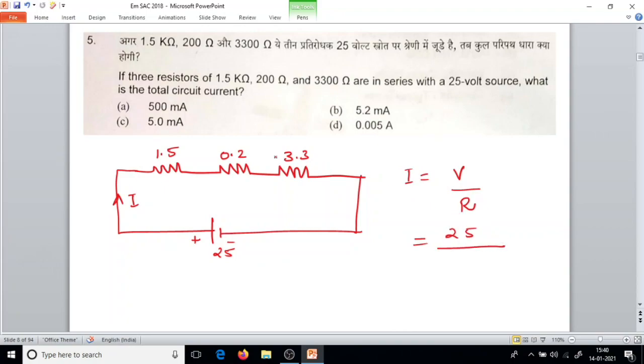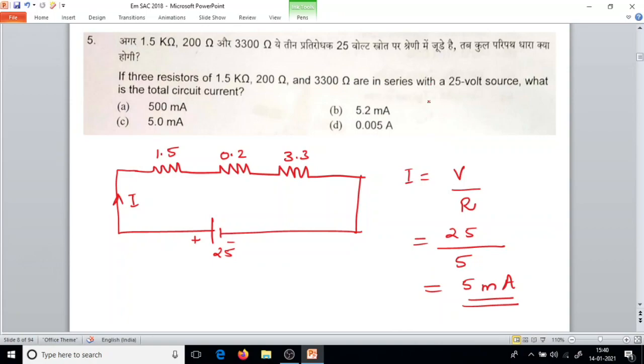If I add these resistors, 3.3 plus 0.2 equals 3.5. 3.5 plus 1.5 equals 5. So 25 divided by 5, we get 5. What's the unit? 5 milliamps.